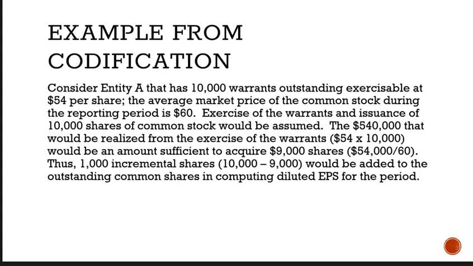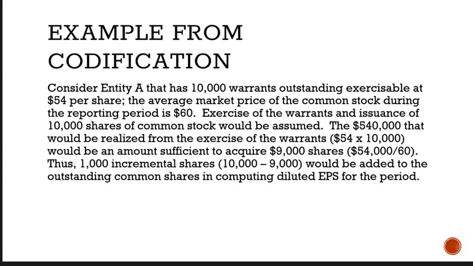And then the amount would then allow us, we take that $540,000 and we would buy shares, pretending again that we would buy shares at $60, the average market price, and that would allow us to buy back 9,000. So we would issue to employees 10,000 shares. We would buy back 9,000 from other shareholders, and therefore our total number of shares would only go up by 1,000.